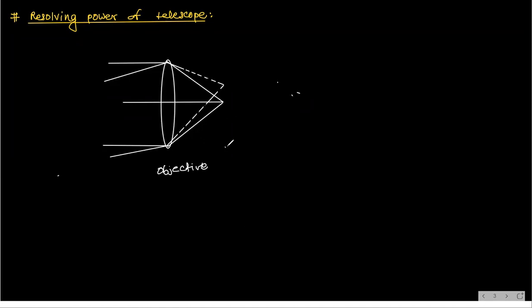Here we are having two images. This is I dash and this is I, and this angle is, let us suppose, theta m. This is m and this is n.